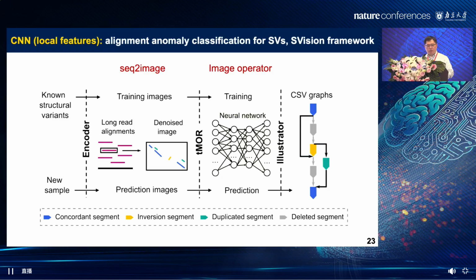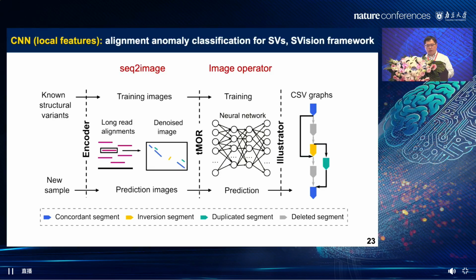We convert the mapping result of the simple structural variations into images, then train the neural network. Once a new sample comes along and a new variant comes in, we can use this kind of alignment, convert it to an image again, and use the trained neural network to do all kinds of predictions. So we only need simple structural variations for training, but we are able to compute very complicated structural variations that haven't been modeled.